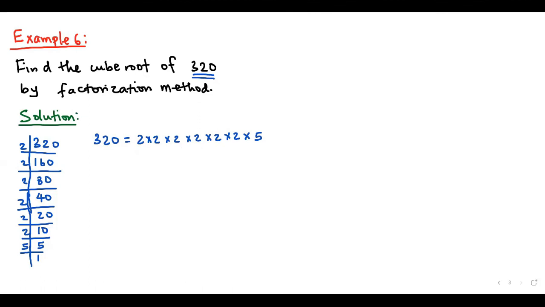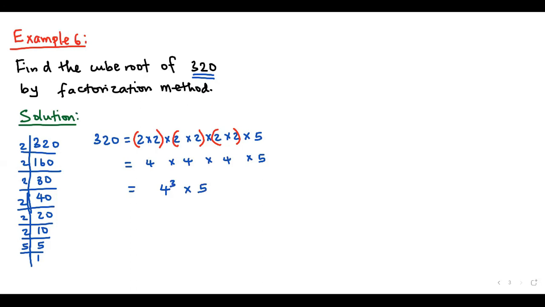It is easier to make 3 equal groups of 2's, and we leave 5 alone first. So now we have 4 times 4 times 4 times 5. This means we have 4 cubed times 5.